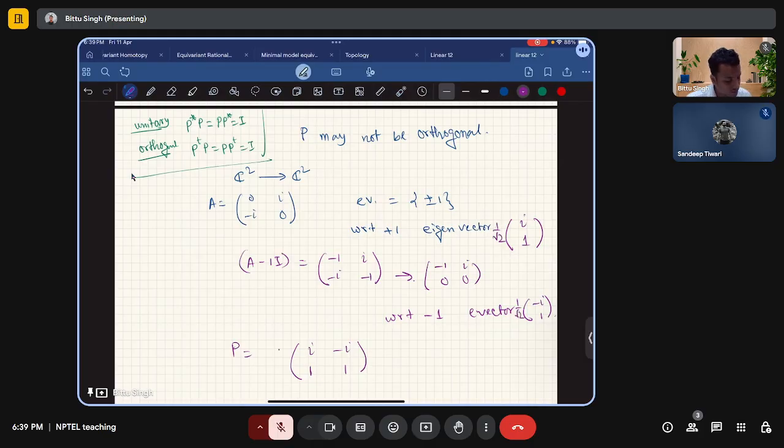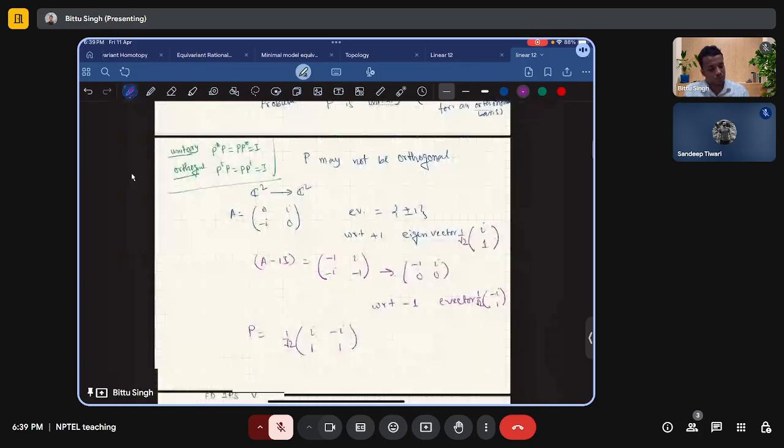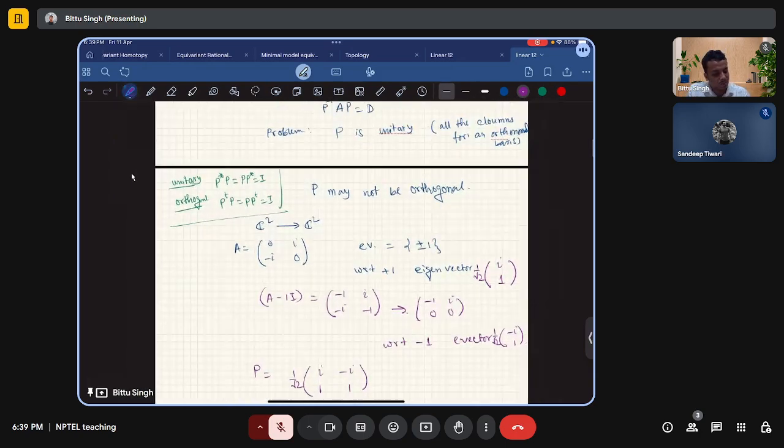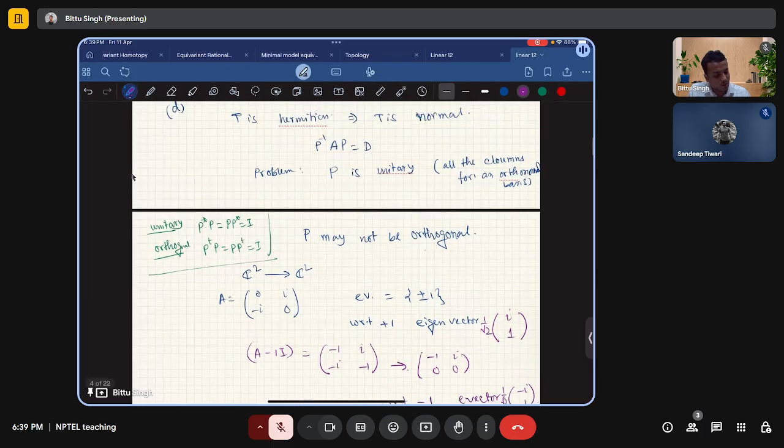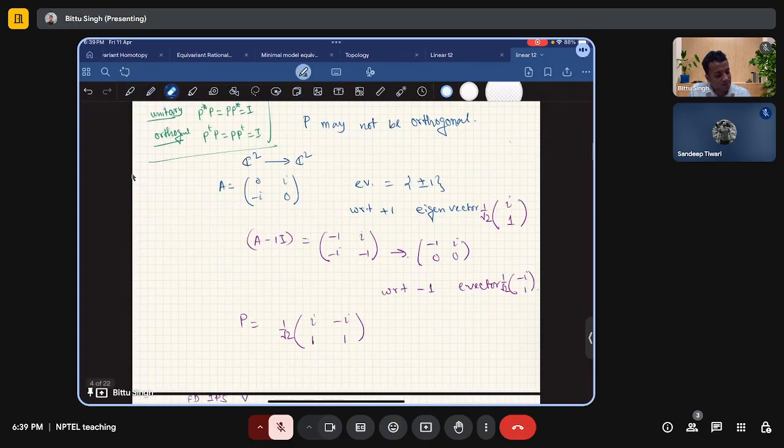So we take these eigenvectors, and P is the same as this. P inverse AP will give the diagonal matrix with plus 1 and minus 1, right? So from here it is clear that P is not orthogonal.